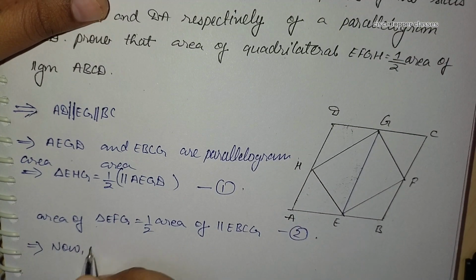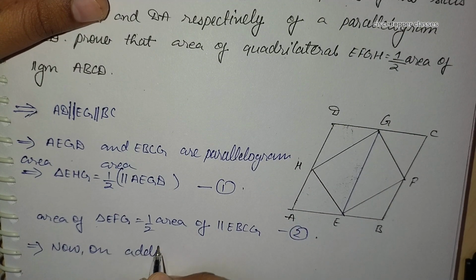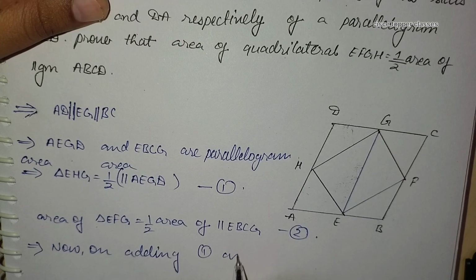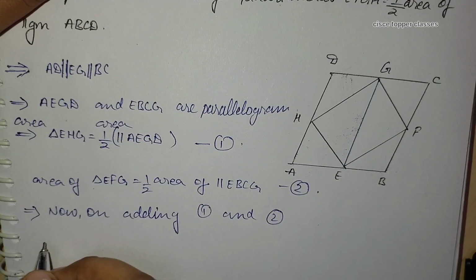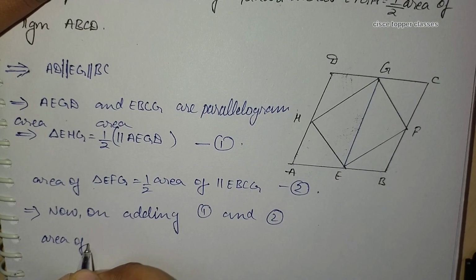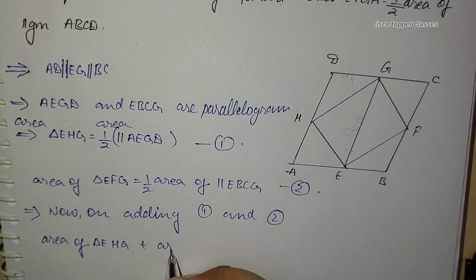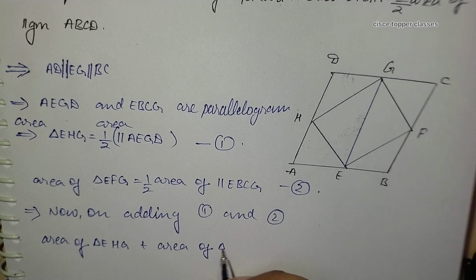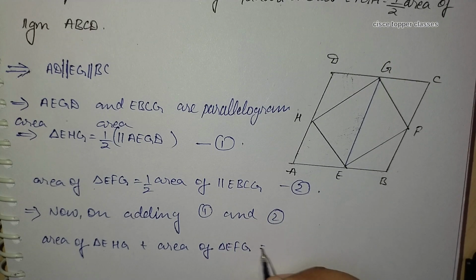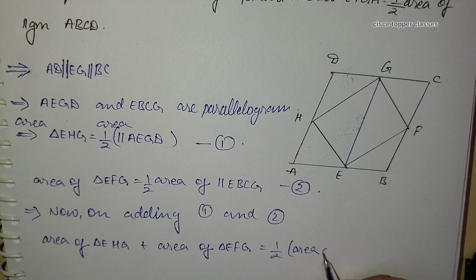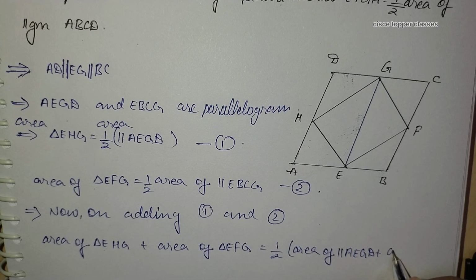Now on adding first and second, we can write that area of triangle EHG plus area of triangle EFG is equal to half, we take common, area of parallelogram AEGD plus area of parallelogram EBCG.